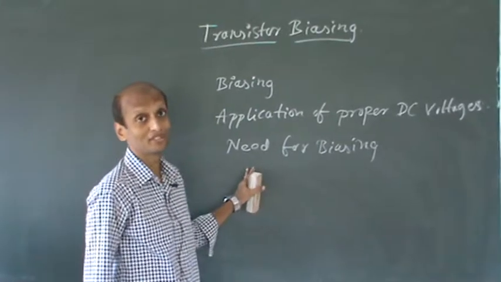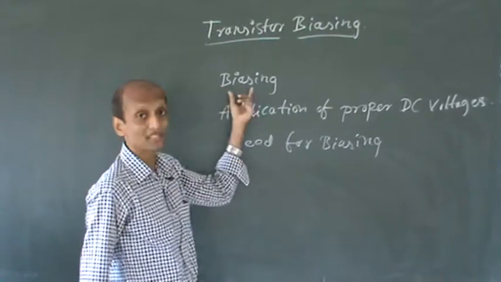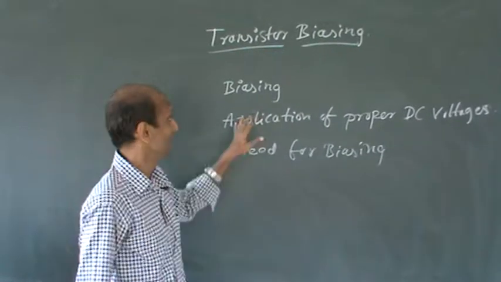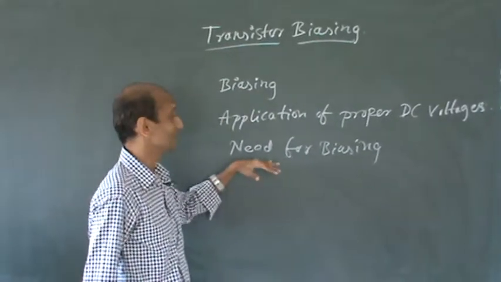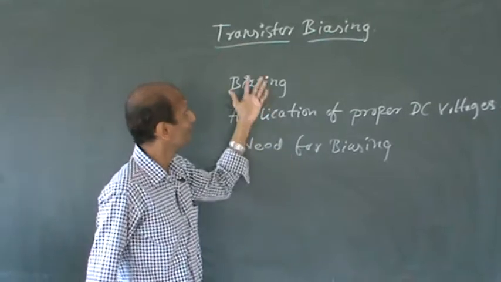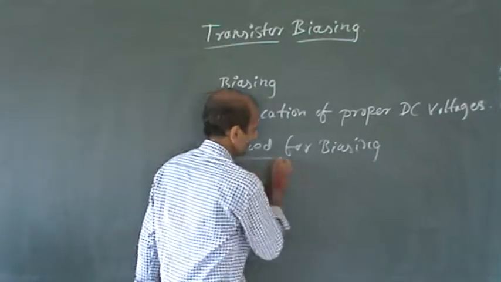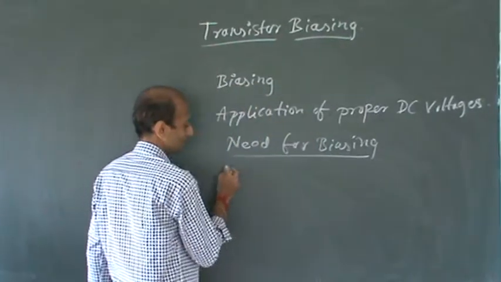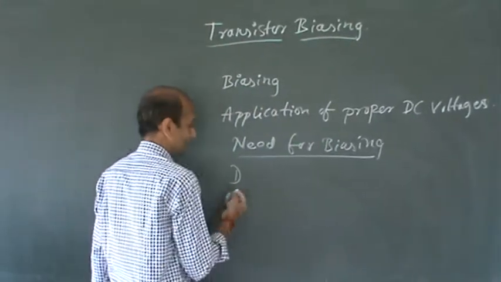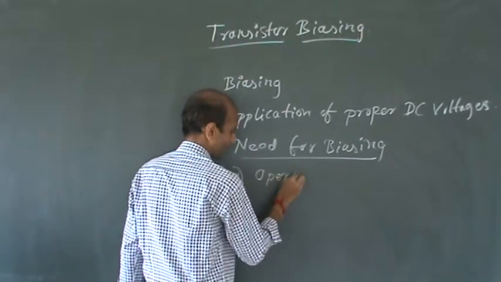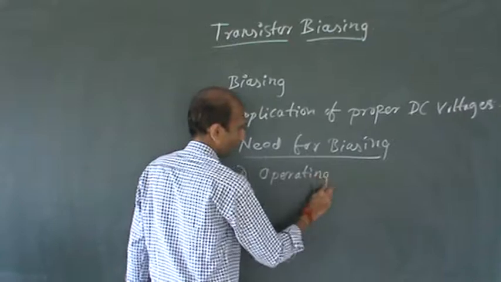This is one of the questions which will be asked, and they can also ask what is biasing, for 1 mark. So next is the need for biasing. The first need is the operating point.